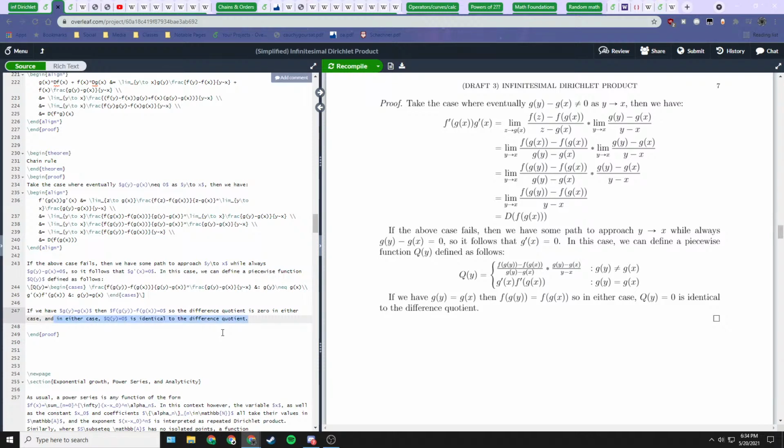And q of y is just this fraction, f of g of y minus f of g of x over y minus x.